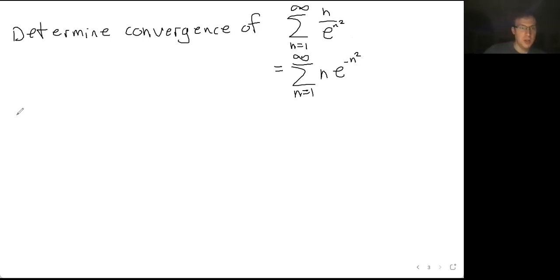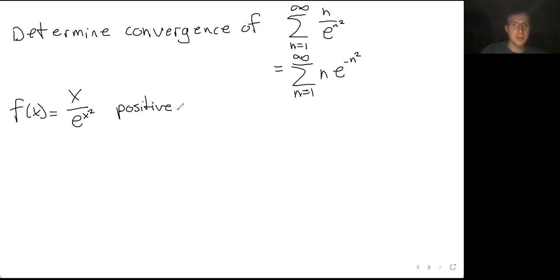So in this case, the function we're looking at is either of these forms. I'll use the fraction one, x over e to the x squared. And looking at this, two of the conditions are pretty easy to see. And we'll really just point out that we need to have these.